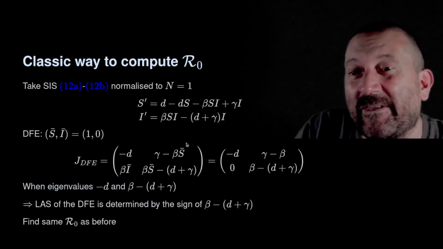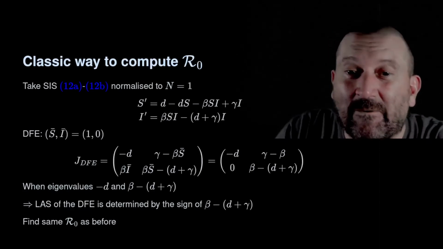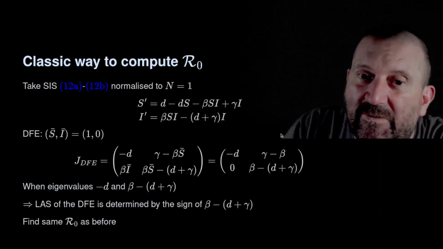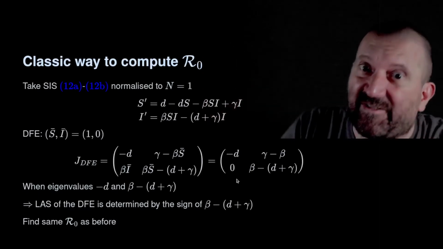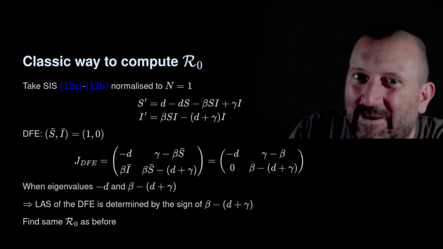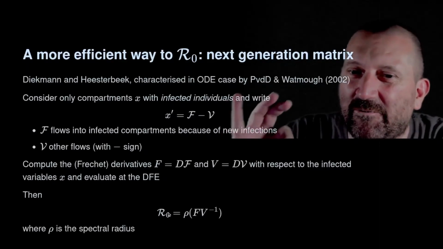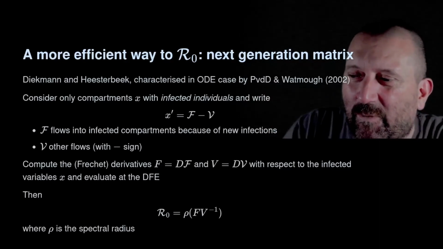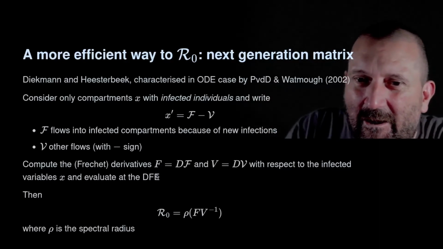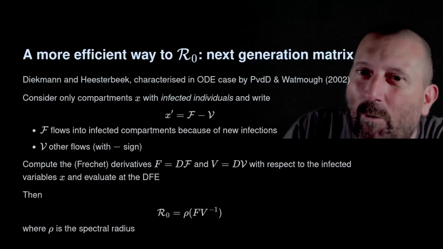Here the computation is very easy, but suppose I have 6 or 8 equations, I still have to deal with a 6 by 6 matrix. It can be complicated to find the eigenvalues and so on. The method of Van den Driessche and Watmough allows you to focus on one particular point there and just consider the infected variables instead of all the variables.